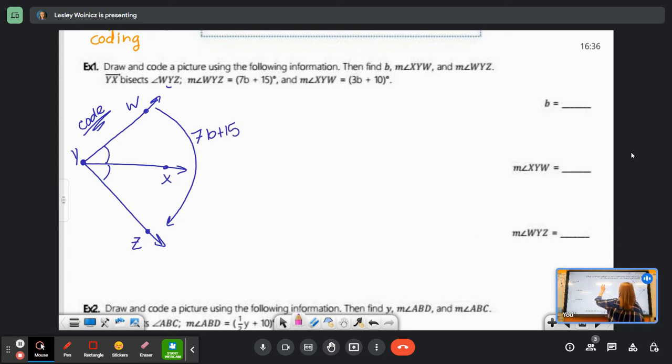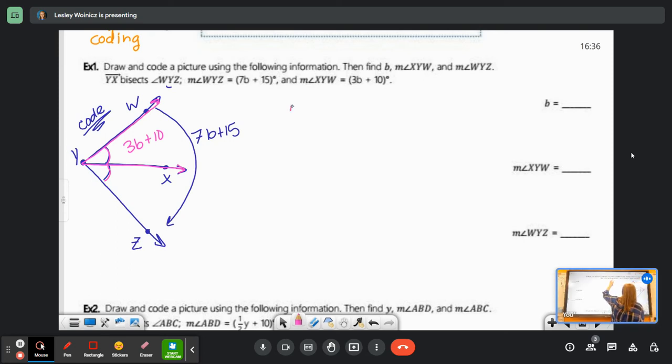Okay, we know the measure of angle XYW is 3B plus 10. Okay, but if that one's 3B plus 10, so is this one. So really we have two 3B plus 10s that if we add them together will give us the 7B plus 15. So that is our equation that we have to solve.